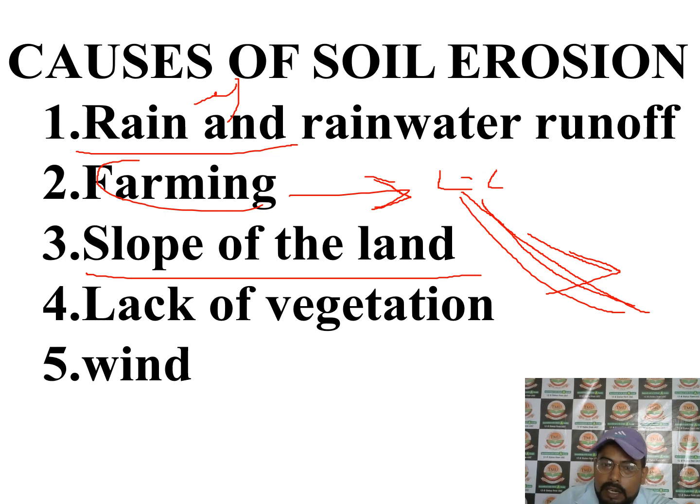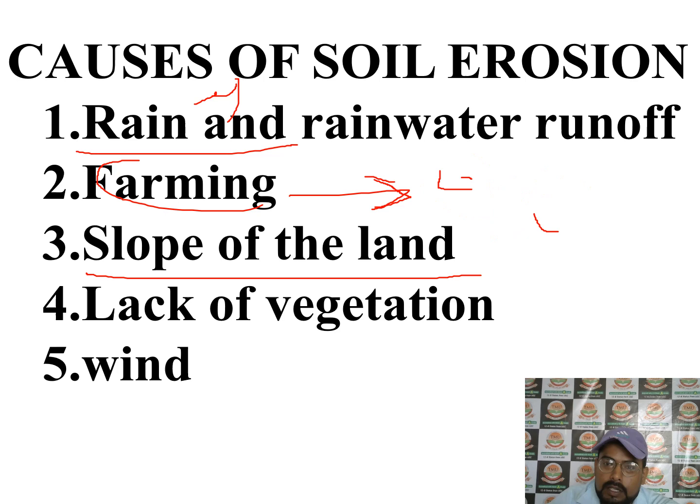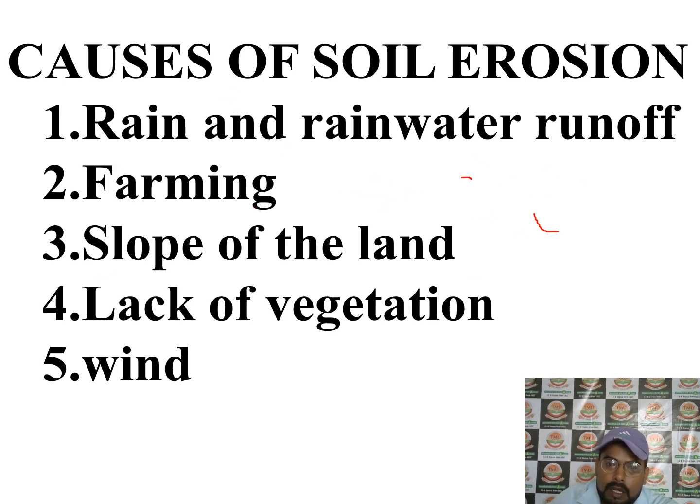But creating terraces on the slope decreases the intensity of the rain runoff and decreases the water. And about vegetation, some hilly areas have cleared vegetation, and where no vegetation is found in a specific place, the intensity increases. Some places have a lack of vegetation. Second is the wind, which depends on speed or direction.